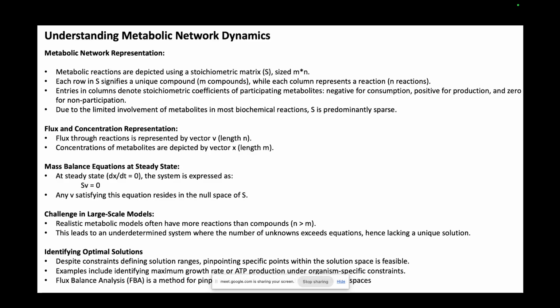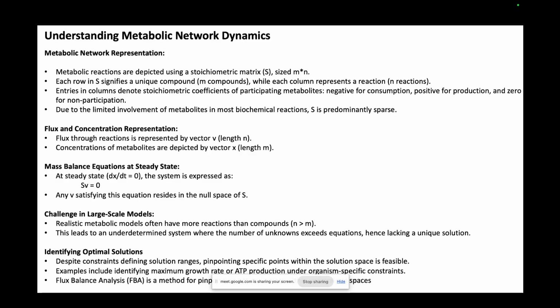Okay. So that is the steady state equation for mass balance, right? So Sv equal to 0. Now, if you try all these techniques on real world metabolic networks, there are some issues you're going to face. Firstly, N will always be greater than M. Oh sorry, I think I gave an example a few minutes back where I talked about the reactions being fewer than the number of compounds.